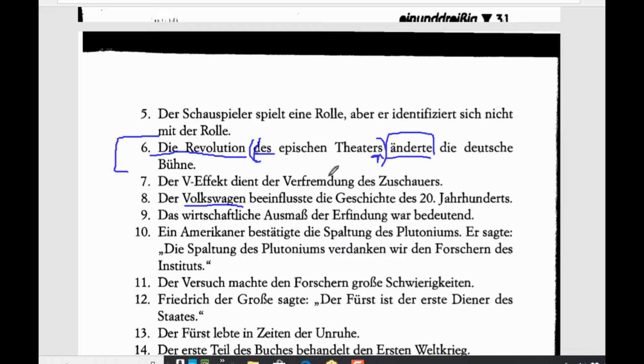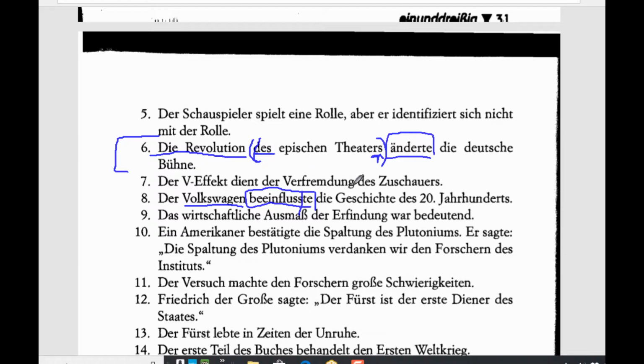Okay, how about this one? Where's the verb in this number 8? Beeinflusste. Yeah, influence here. To flow into, einflussen. Is this a strong verb or weak verb? Well, I believe they add the te on there, so there's no change. It's actually a weak verb. Beeinflusste.